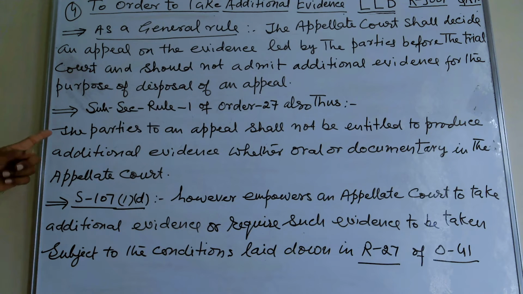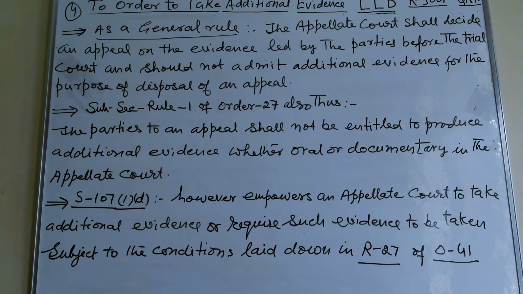the parties to an appeal shall not be entitled to produce additional evidence, whether oral or documentary, in the appellate court. So the parties are also not allowed to give additional evidence.